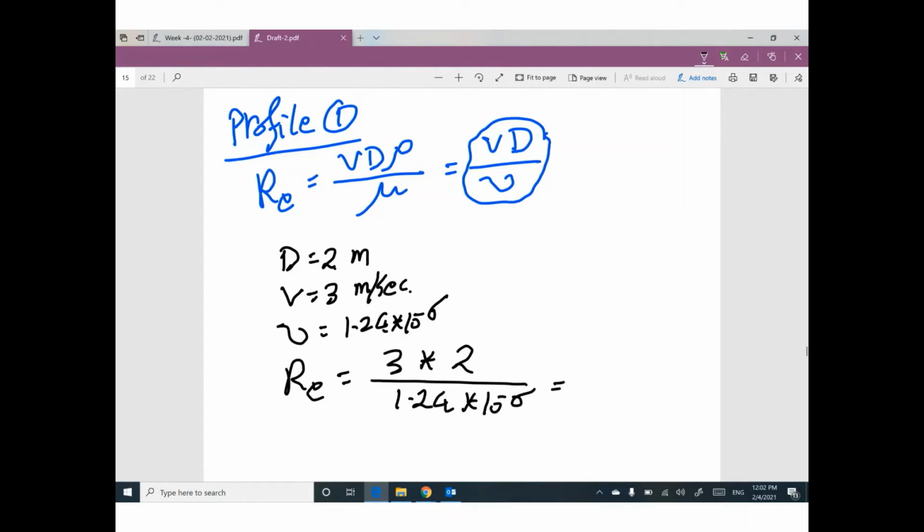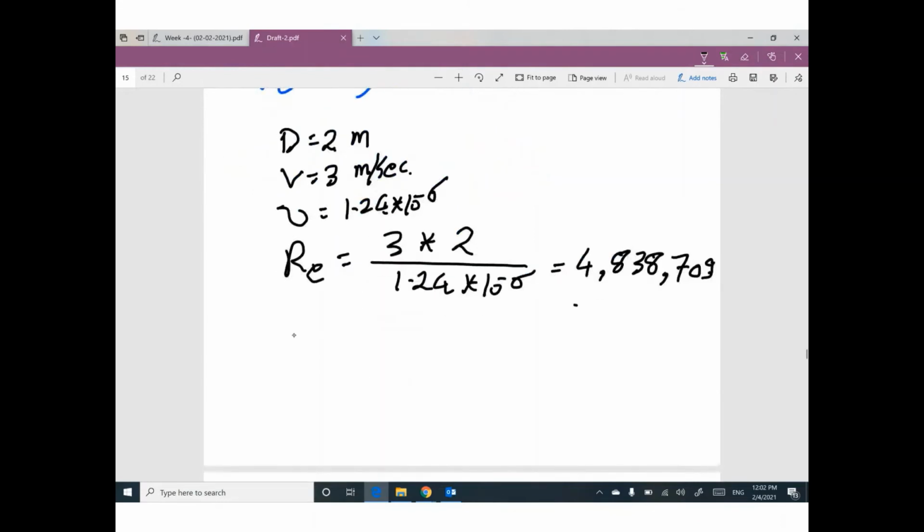This value will be 4,838,709. Do you think this number is greater than 10,000? I believe yes. So this one will be fully turbulent flow.